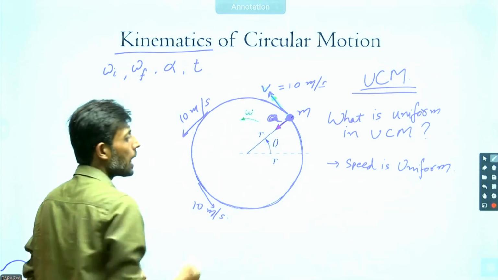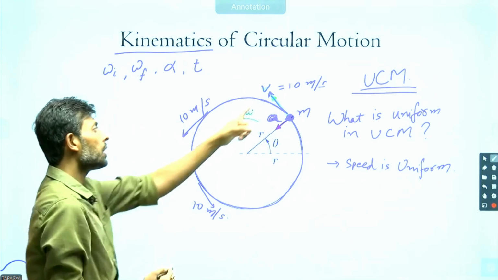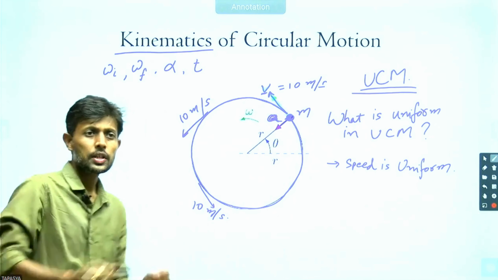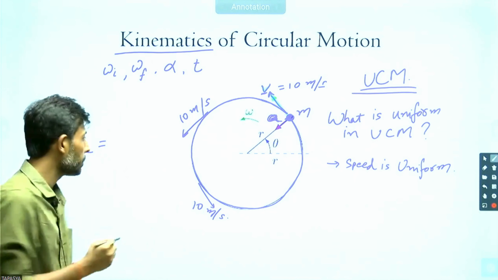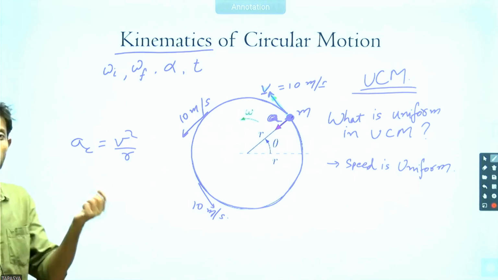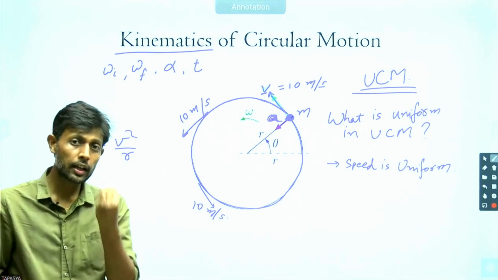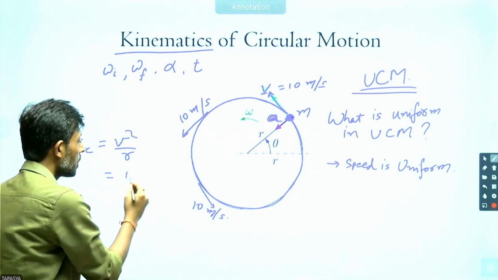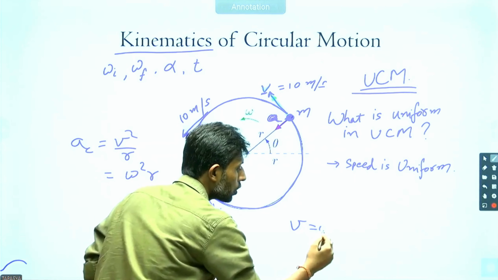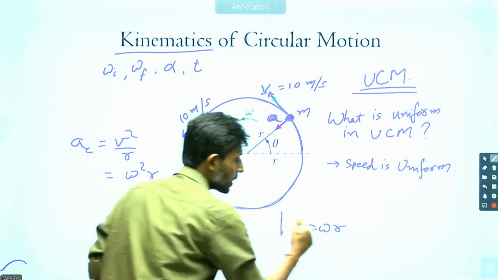This centripetal acceleration can be written in terms of speed. The magnitude of centripetal acceleration would simply be v squared upon r. Or if you want to write it in terms of angular velocity, you can write it omega squared r, because all of us know that v is equal to omega r in this case.